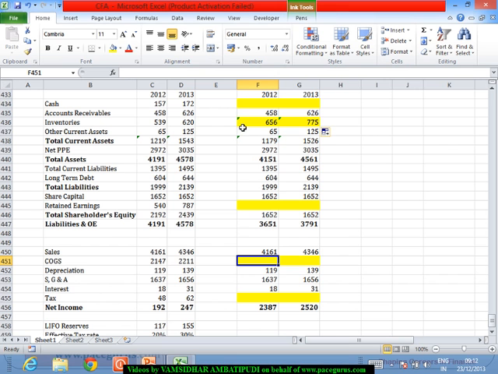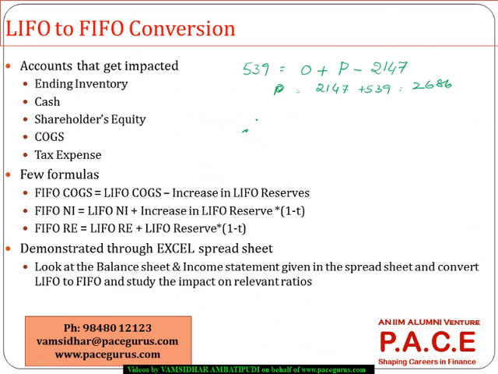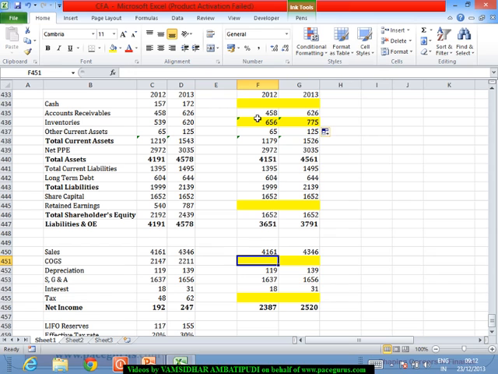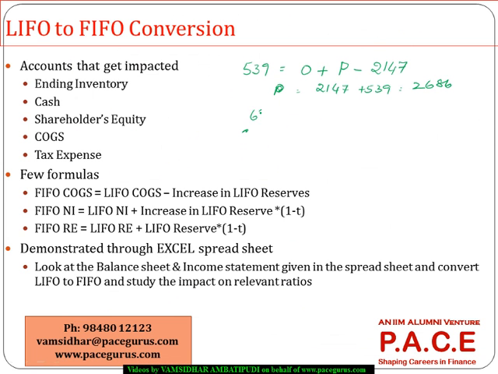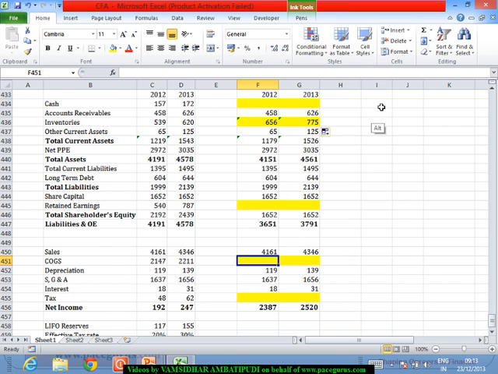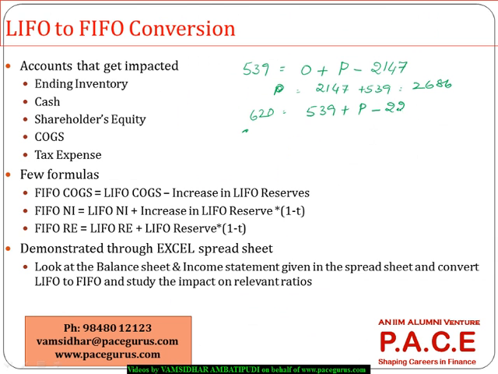I know now the purchases in each year. I can find out the purchases in the second year based on the ending inventory method. 620 is the ending inventory, 539 is the beginning inventory, plus purchases minus the cost of goods sold being 2211. So now I can use the same logic for purchases in the second year.